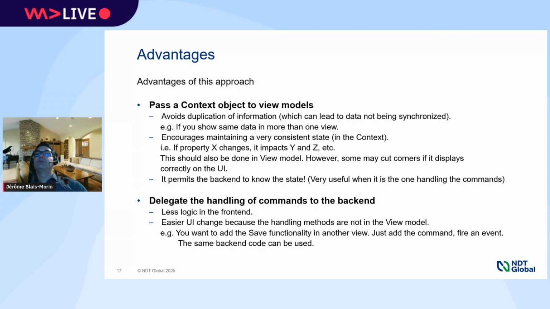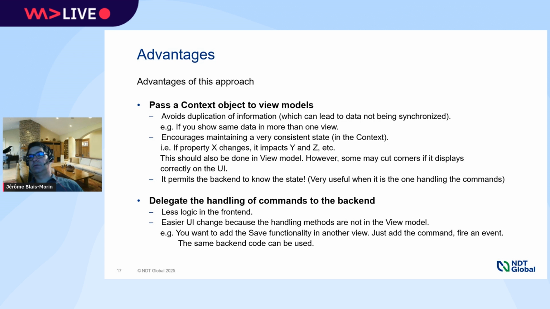For example, if you have a save functionality in one screen in a view, then if you want to permit the save in another view, well, you just add the command, you fire an event, and the backend would execute the exact same code. And as well, the context will tell you if you can execute depending on if the state is the right time to save or not.